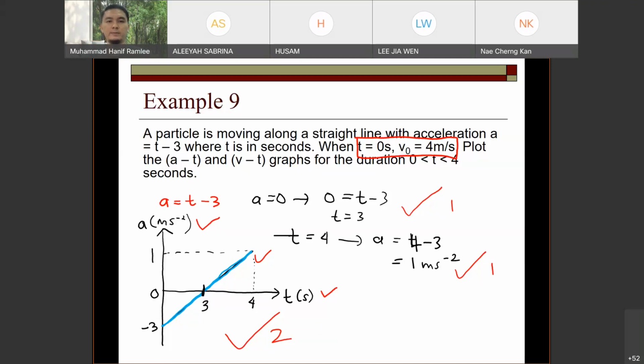Not yet. If you have the answer, you can share the answer in the WhatsApp group right now. Anyone?